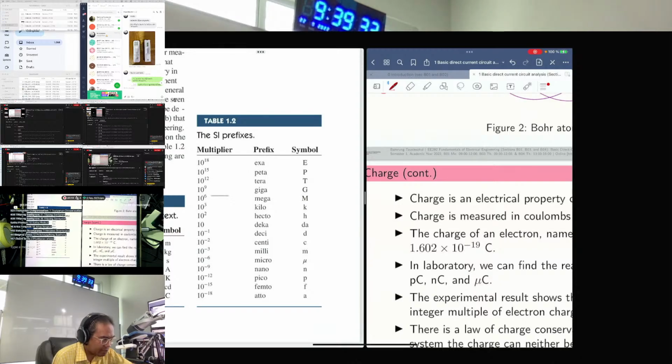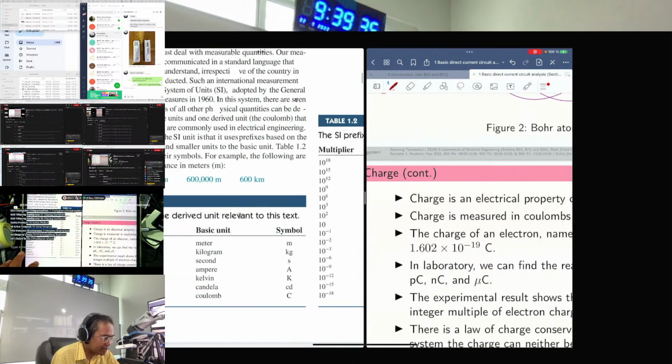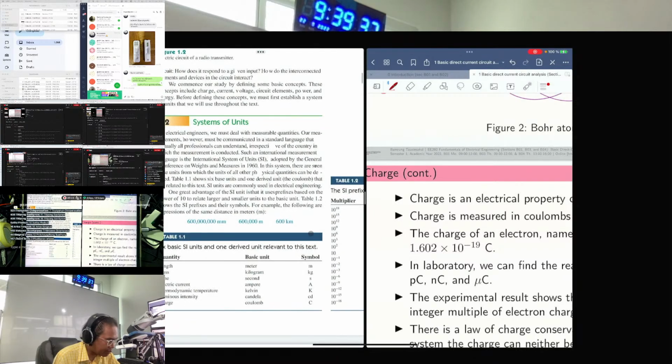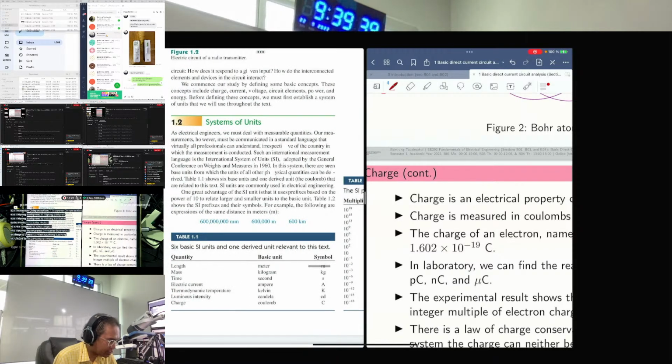Okay, you can apply this to many quantities in physics. For example, length, you can say picometer or micrometer or something like that. Kilogram, the mass, okay, mass in kilogram. Time, you can say millisecond. And electric current, ampere, right?